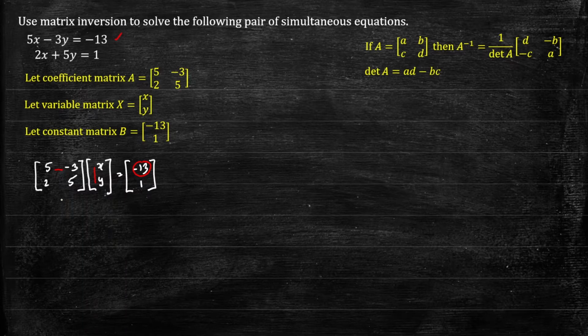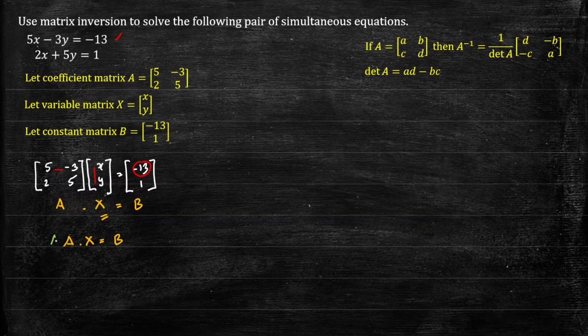So what we have is matrix A times matrix X equals matrix B. And we want to find matrix X. As we want to find matrix X, we need to isolate it.